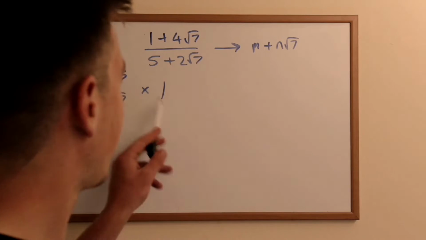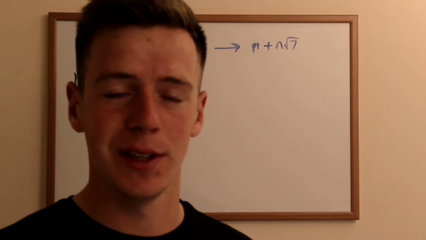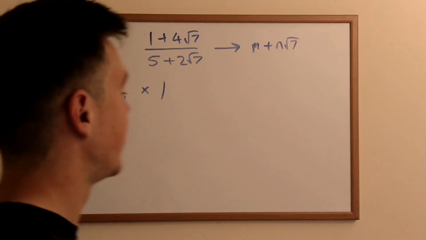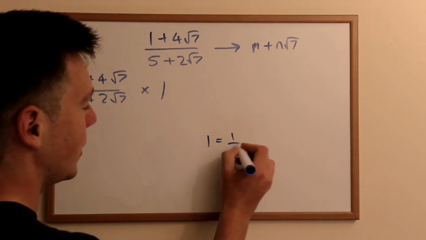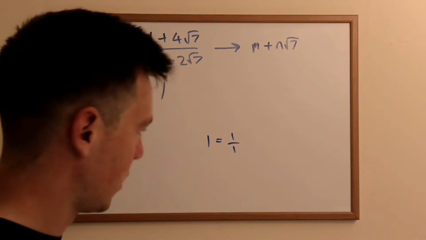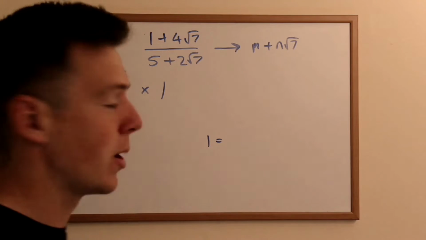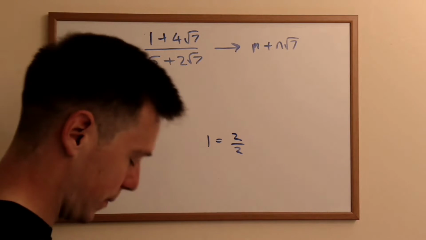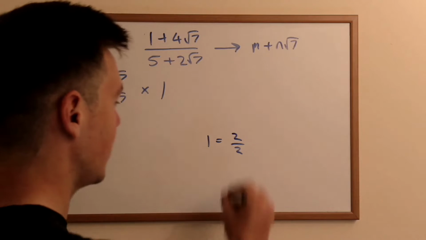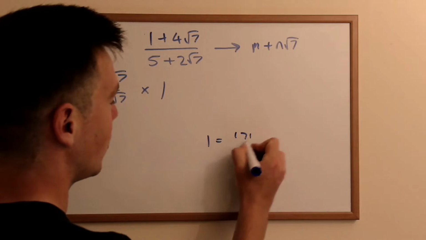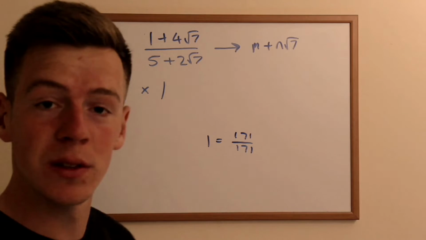Now we can actually rewrite 1 in many different ways. For example, you can rewrite 1 as being 1 over 1, or 1 can be equal to 2 over 2. It could even be equal to 171 over 171.